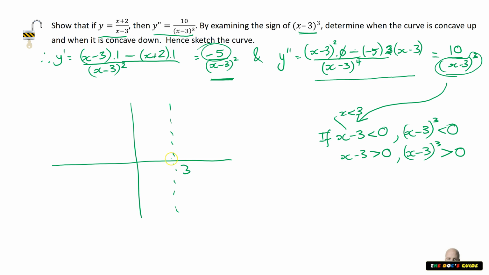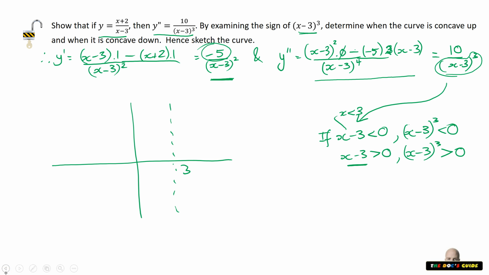So to the left of our discontinuity here, we're going to have the second differential being negative, which means that we're talking about concave down. And to the right of our asymptote, that's when we will have the second differential being positive, meaning concave up. So we've got concave down to the left and concave up to the right.